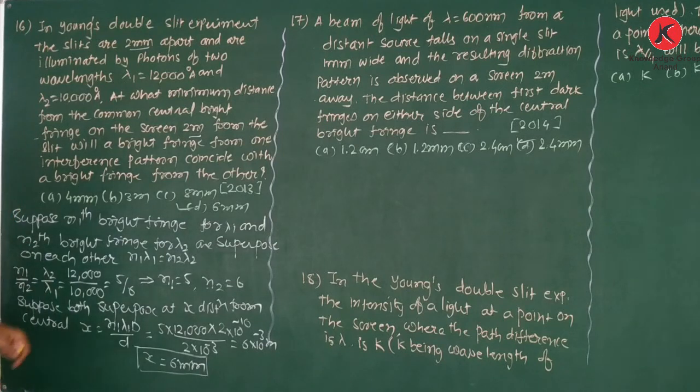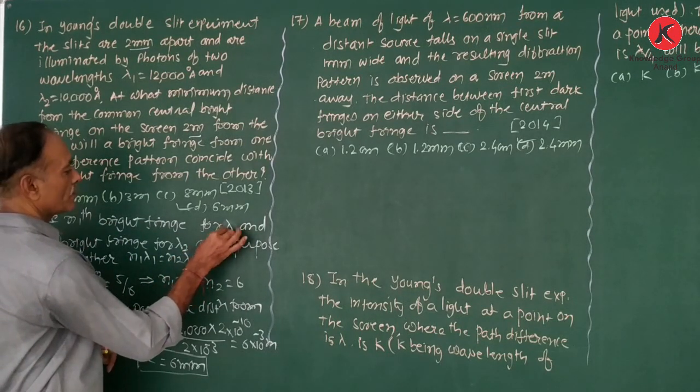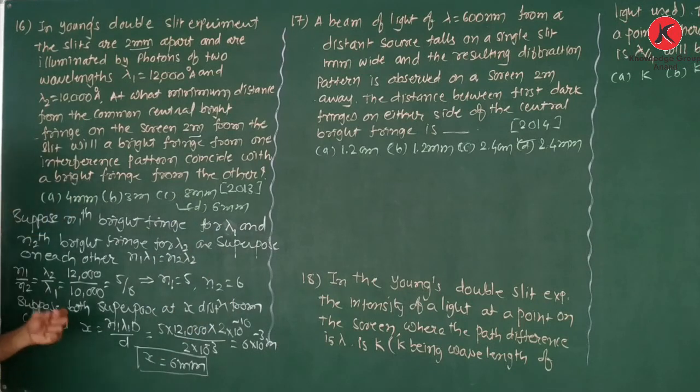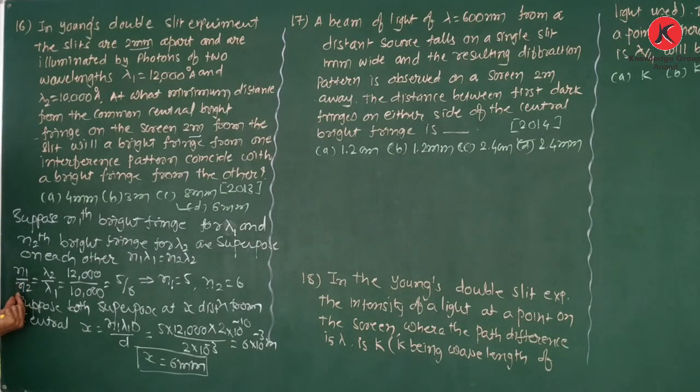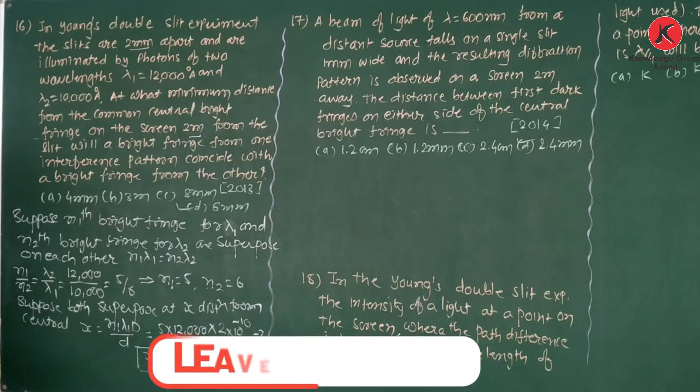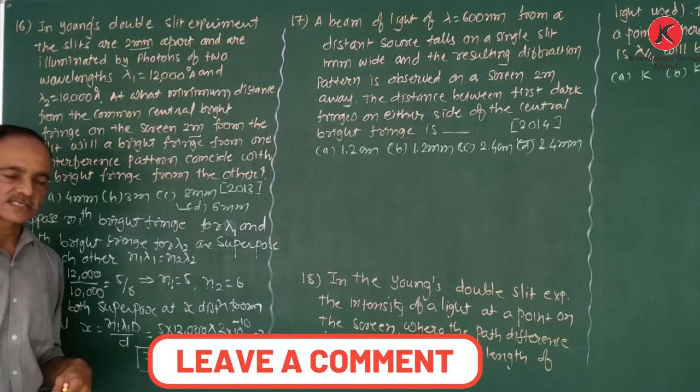For that purpose, we assume that N1 bright fringes for lambda 1 and N2 bright fringes for wavelength lambda 2 are superposed on each other. Therefore, N1 lambda 1 is equal to N2 lambda 2. Therefore, N1 upon N2 is equal to lambda 2 upon lambda 1, so 12,000 upon 10,000 is equal to 6 by 5. Therefore, N1 is equal to 5, N2 is equal to 6.